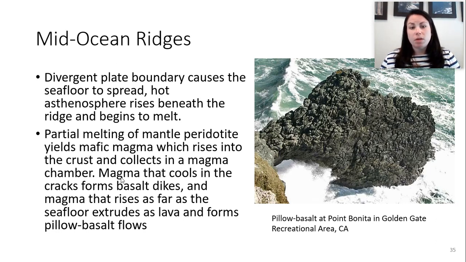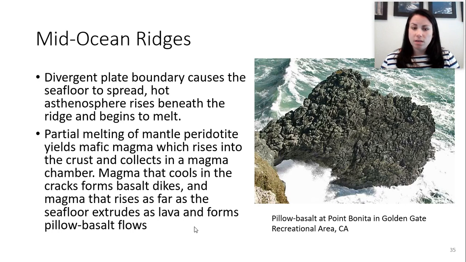So we have partial melting of the mantle, where we normally see peridotite, and this is a mafic magma, which rises into the crust and collects in the magma chamber. And as that magma cools, it can crack and form basaltic dikes.